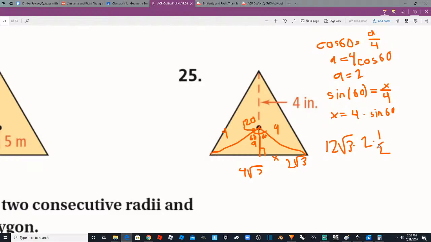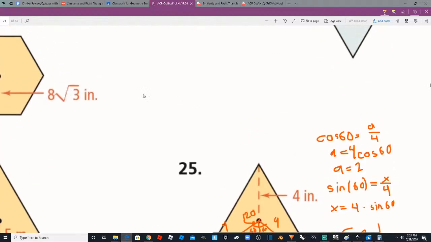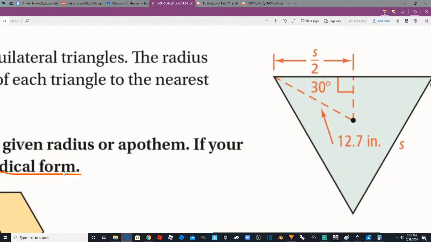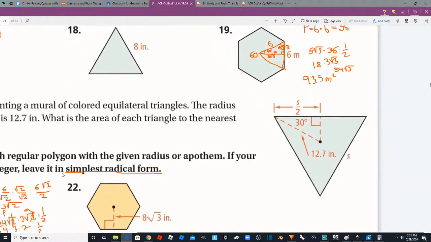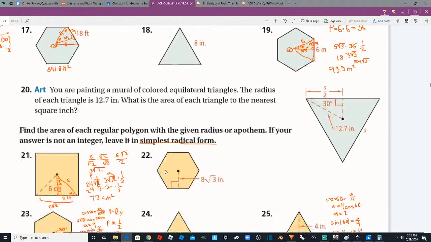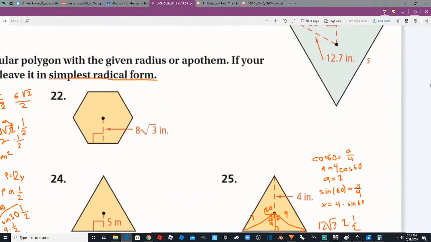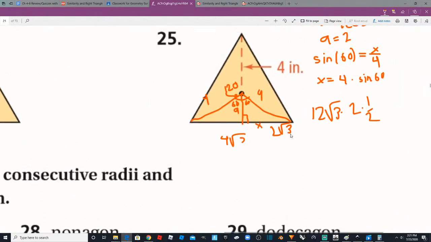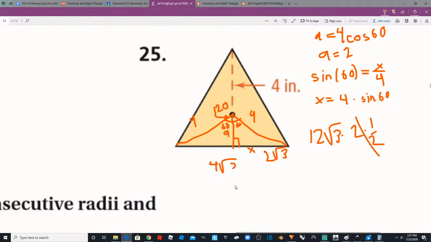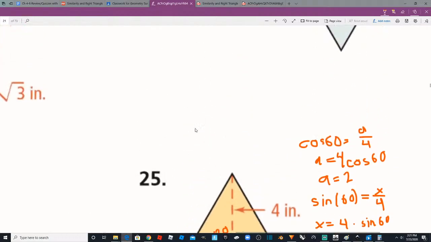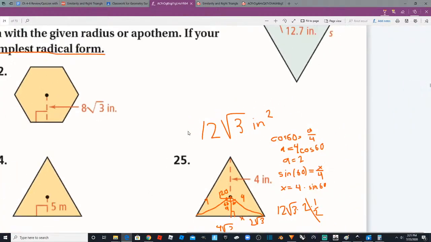You need to know what the special right triangles are and their properties to leave it in simplest radical form. So this cancels out, and we're left with 12 radical 3 inches squared.